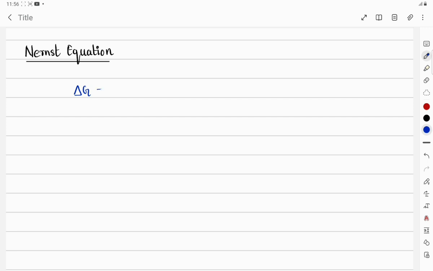That was delta G is equal to delta G0 plus RT ln Q, where delta G is the change in Gibbs free energy. Delta G0 is again the change in Gibbs free energy but at standard conditions. And what was Q? Q is called the reaction quotient. R and T are obviously the universal gas constant and temperature.